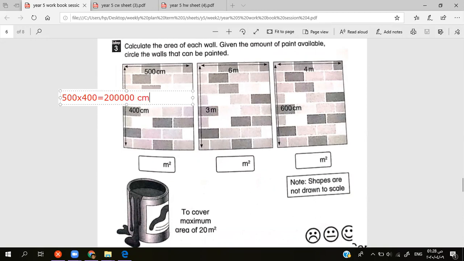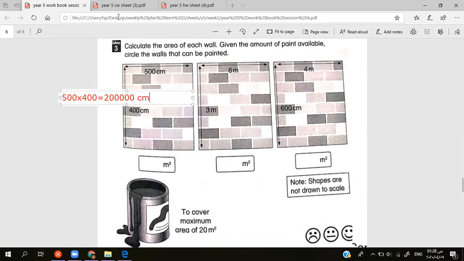I need to turn it from centimeters to meters. Normally, when I turn from centimeters to meters, I divide by 100. But because this is squared, I divide by more than 100. How many zeros in the 100? 2. Now, when it's squared, I will remove double the zeros. So instead of removing 2 zeros, I will remove how many zeros? I will remove 4 zeros.